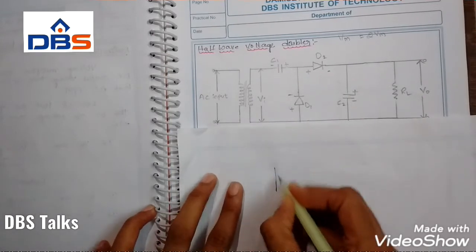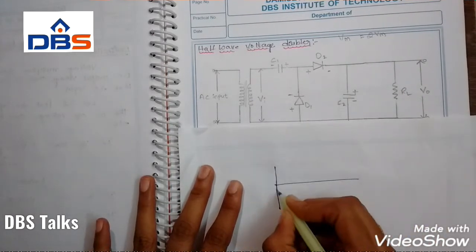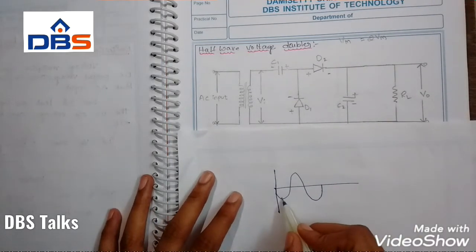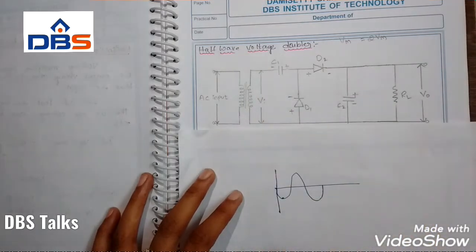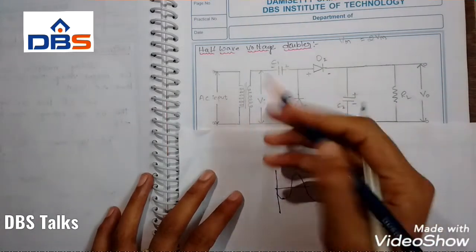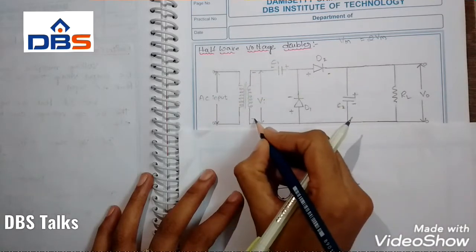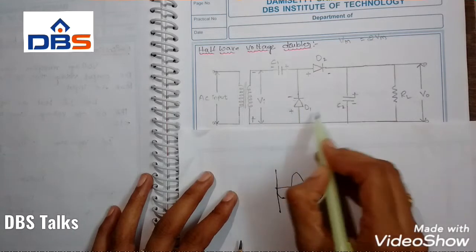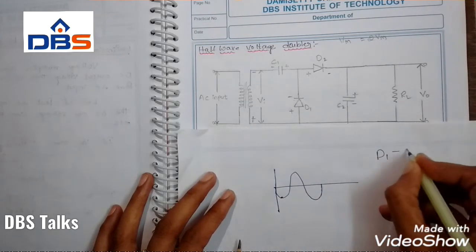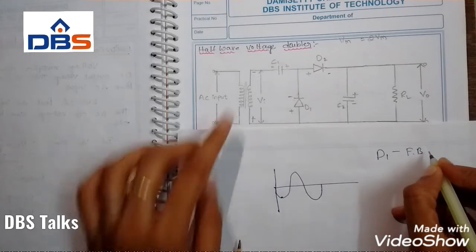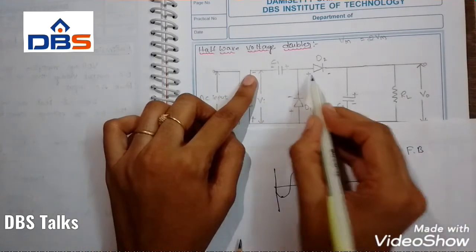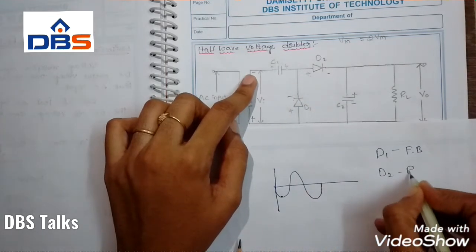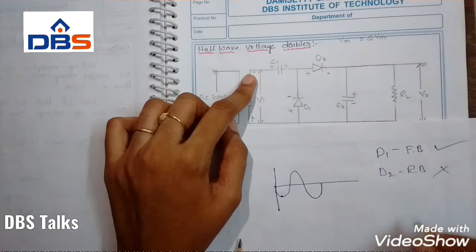First I am applying a negative half cycle. When I apply a negative half cycle, the polarities become negative here and positive here. Negative means diode D1 will be in forward bias and current flows through it. Here we have a negative and here a positive, which means D2 acts as reverse bias and current does not flow through it.